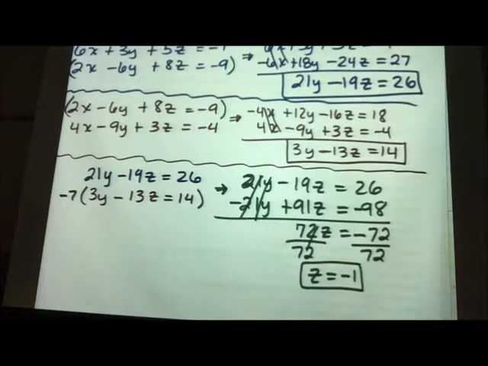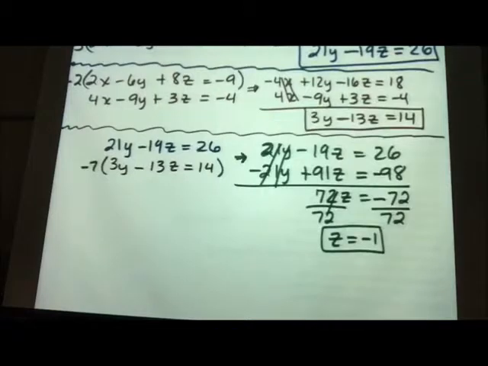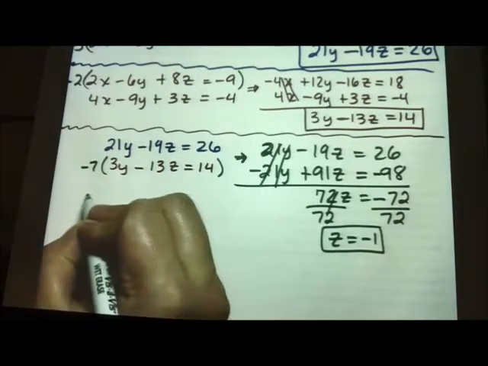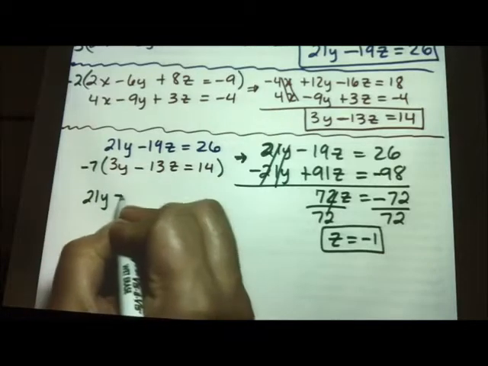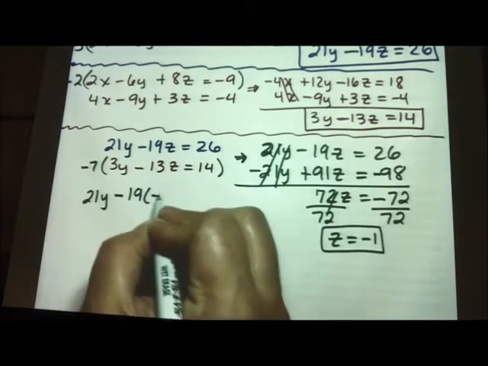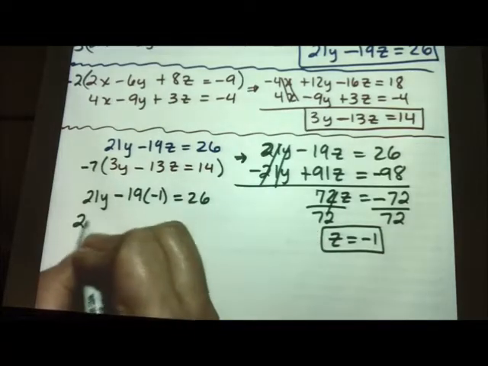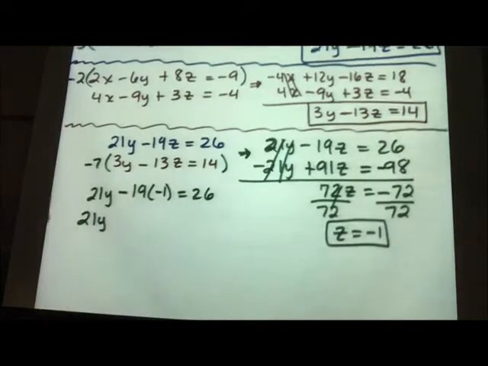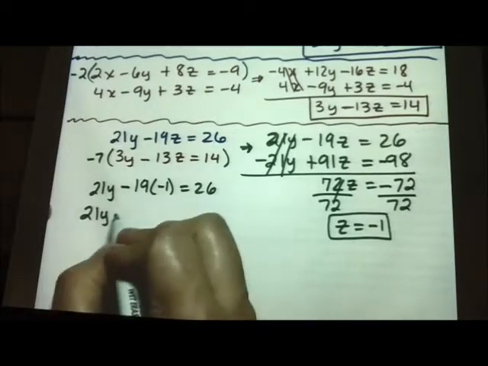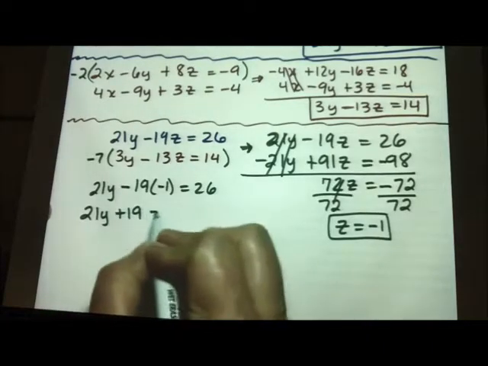So we have found the first variable, but we still need to find x and y. Once again, which would it be logical for us to find next? Y. So I have 21y minus 19 times z, which is negative 1, equals 26. 21y, a negative 19 and negative 1 becomes a positive 19.